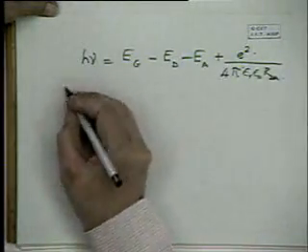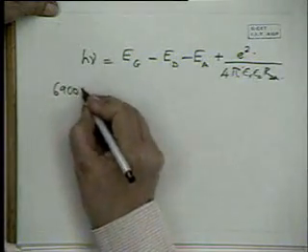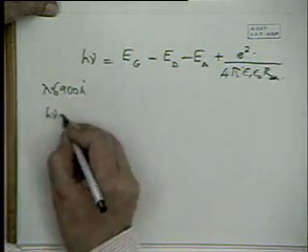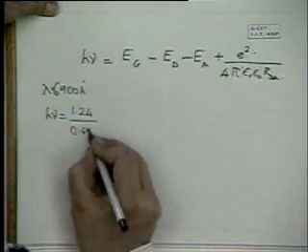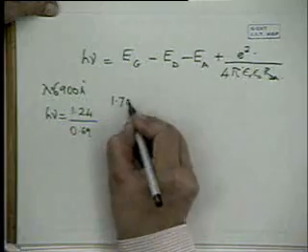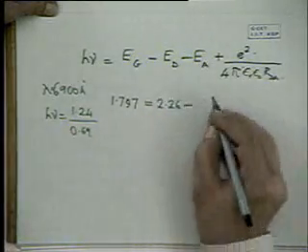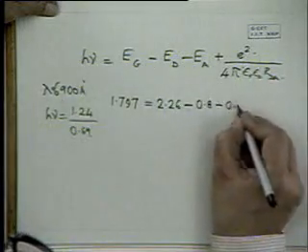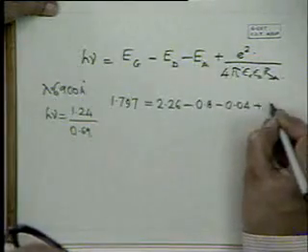h nu corresponds to 6,900 angstroms as lambda. So h nu is 1.24 by 0.69, that is 1.797 eV, equal to 2.26 minus 0.8 minus 0.04 plus this factor.